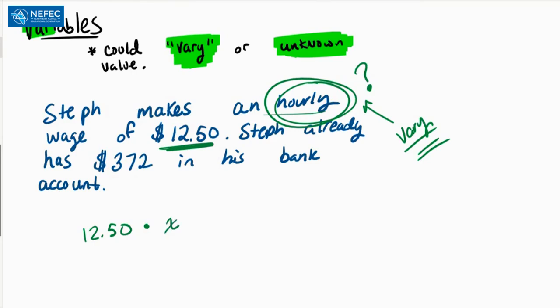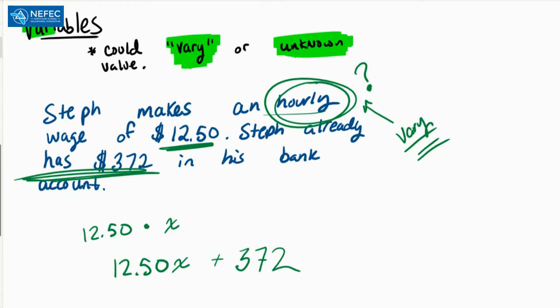If you write it one way, but an opportunity or context shows it a different way, that's okay. We can just replace those letters or symbols one to one. Another way we could write that is without the multiplication symbol, just 12.50x. And then he's already got $372, so let's add that 372 as well.